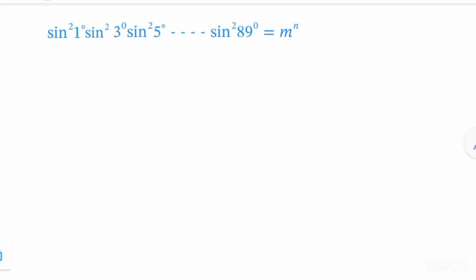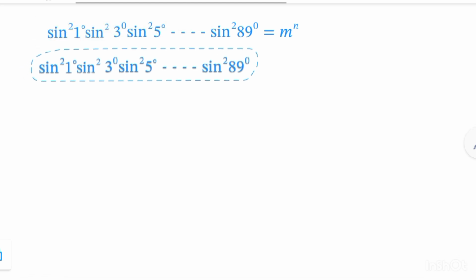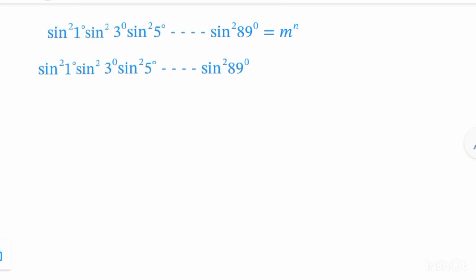So let's rewrite the LHS first. This is the LHS of the question, and here we see that we have odd degrees: 1 degree, 3 degree, 5 degree and so on to 89 degree. The even degrees, 2 degree, 4 degree, are missing here.